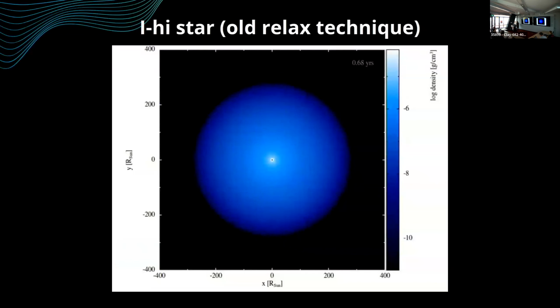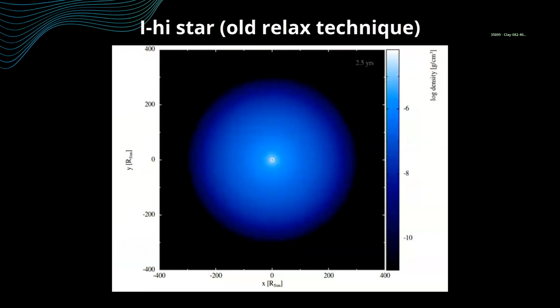Just a quick recap about what Mike was mentioning before. The two most important models we evolved were one with ideal gas and another using the MESA equation of state to account for recombination energy. In the old technique, you just added a damping force to the velocity of the particles, and it worked pretty well for ideal gas.